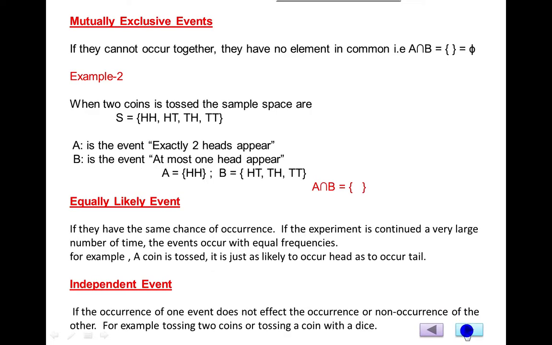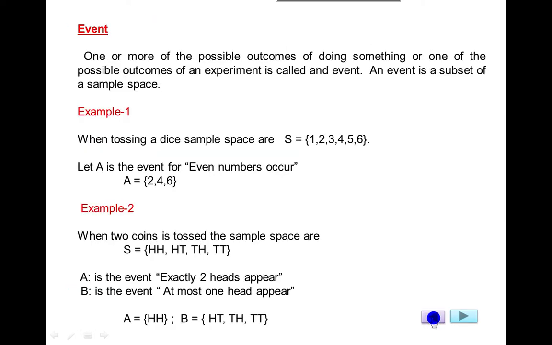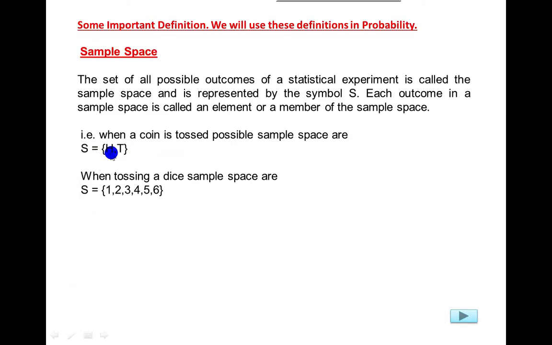Now after this we will solve an example: how we draw possible outcomes, and some conditions of these sets, union, intersection, complement, etc. So this is an example or numerical. 3 coins are tossed. Before this you have used 1 coin and 2 coins. 1 coin maybe H or T, 2 outcomes.